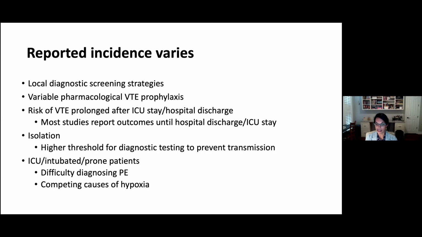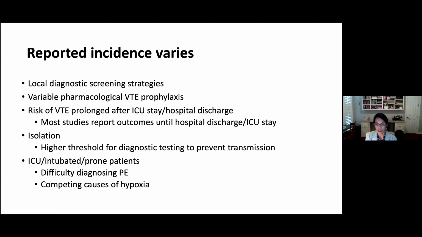On the other hand, several other factors likely underestimate the VTE risk in the published studies. For example, we know that VTE risk is prolonged after ICU stay or hospital discharge. However, most studies reported outcomes only until hospital discharge or during the ICU stay. So we really don't know if the risk of VTE is much higher if they were followed for longer periods of time.